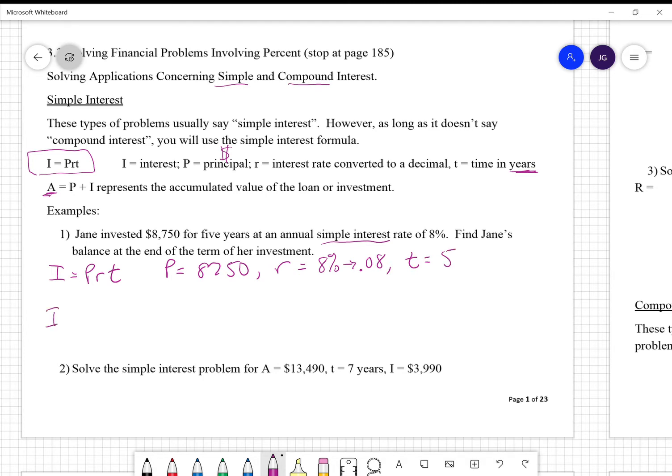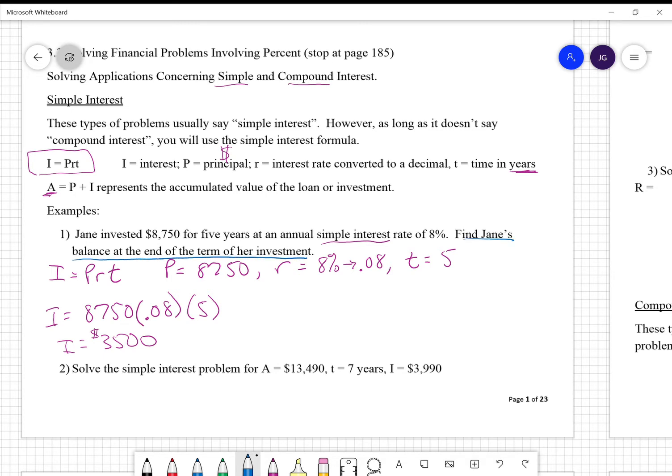So interest equals 8,750 times 0.08 times 5. Interest is $3,500.